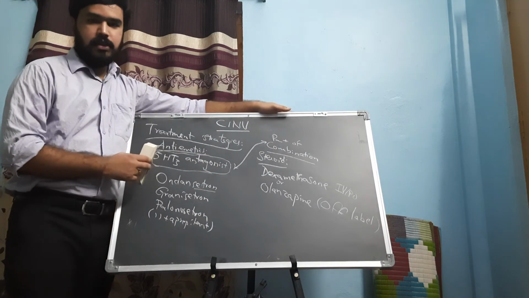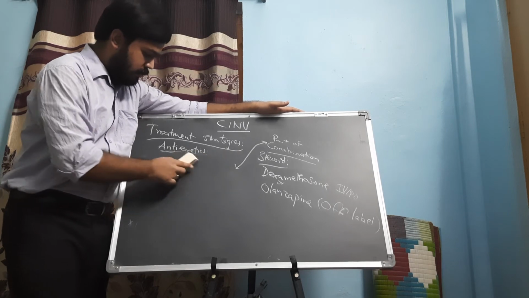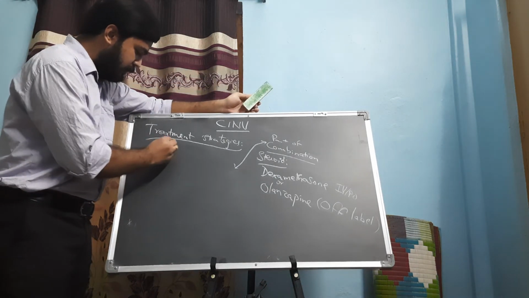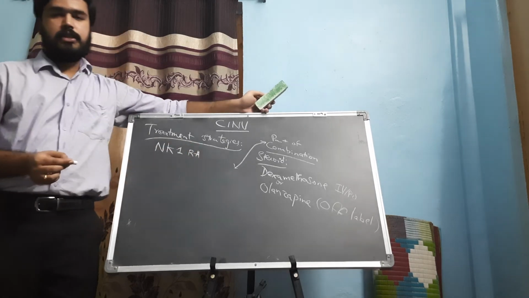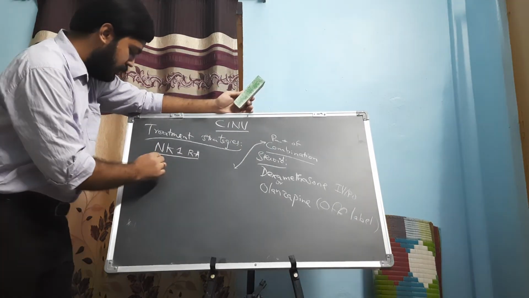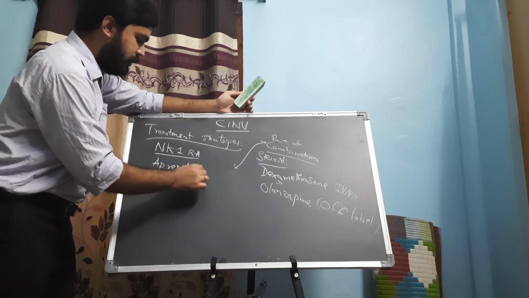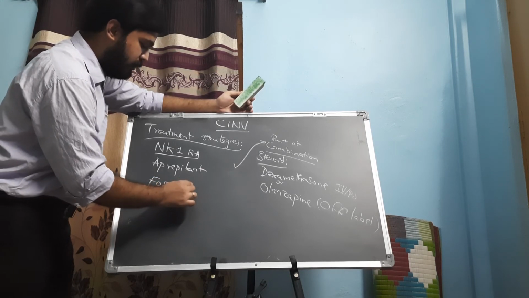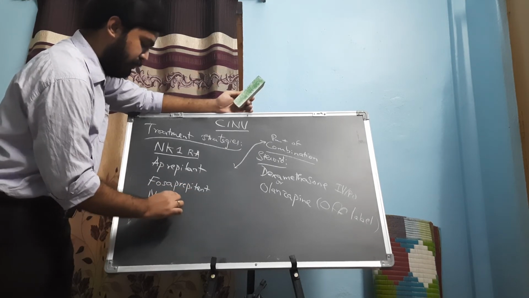And apart from the 5-HT3 antagonists, other antiemetics belonging to the class neurokinin 1 receptor antagonists or substance P receptor antagonists are used. Among these, the drugs include aprepitant, fosaprepitant, and netupitant.